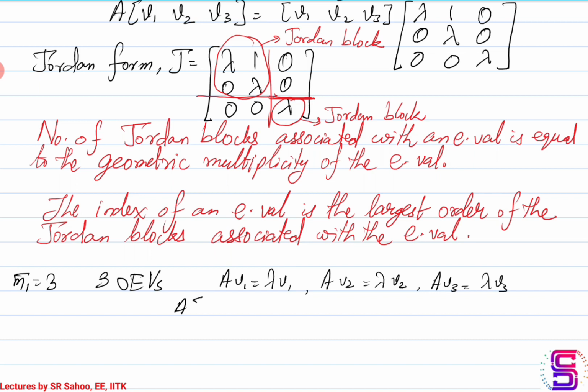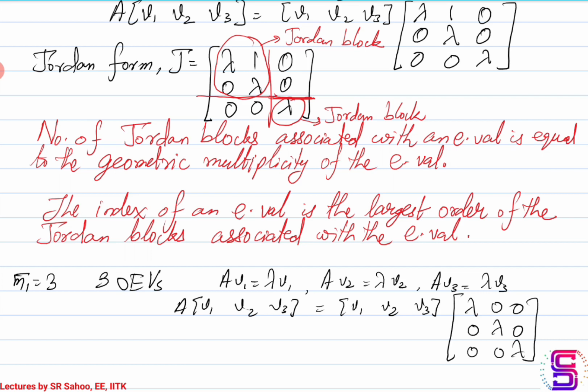Okay, so what you have is A times [V1, V2, V3] is equal to [V1, V2, V3] multiplied by this Jordan block. So here essentially you have 3 Jordan blocks. Okay, each Jordan block is of size 1.